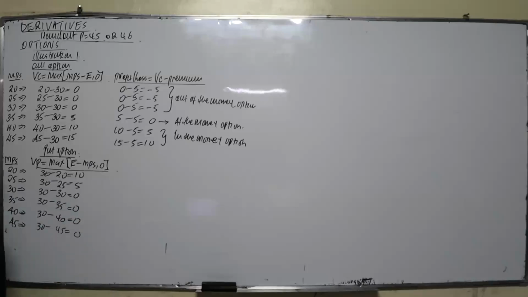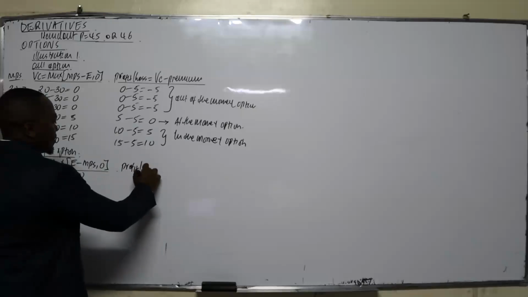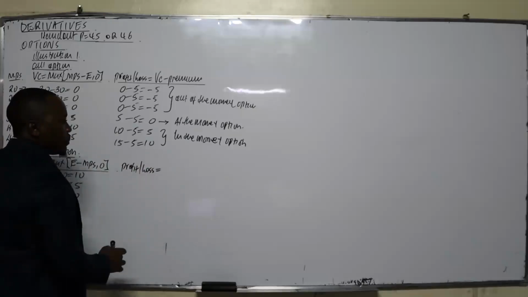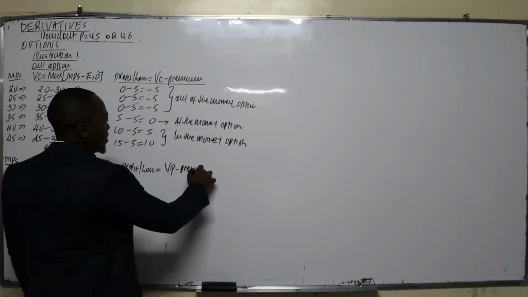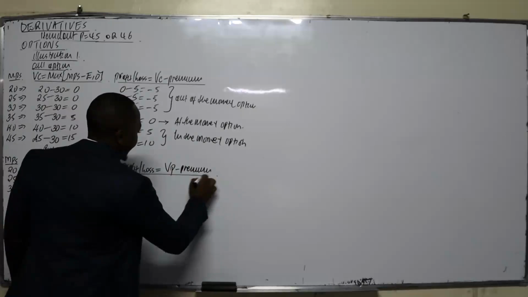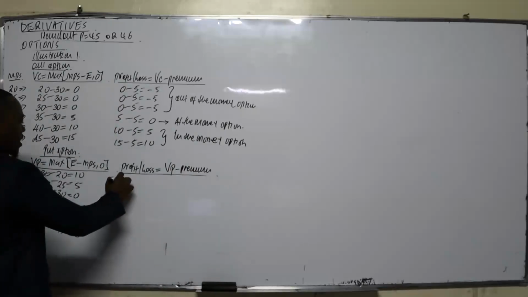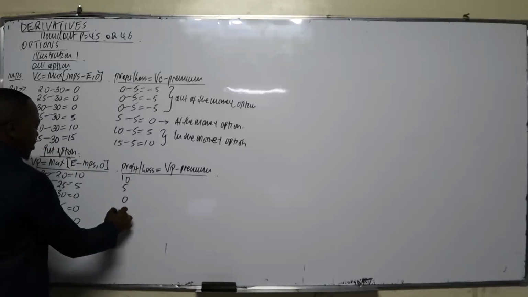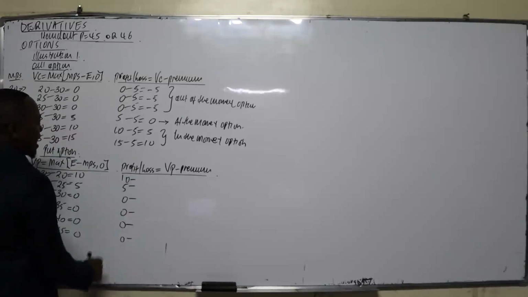Good. Now let's determine the profit or loss. For the put, you take the value of the put and you less the transaction cost known as the premium. So take the value of the put option that we have computed here: 10, 5, 0, 0, 0, 0. Then you minus the premium.